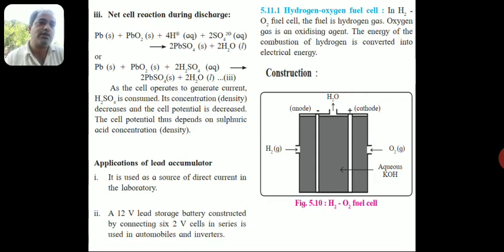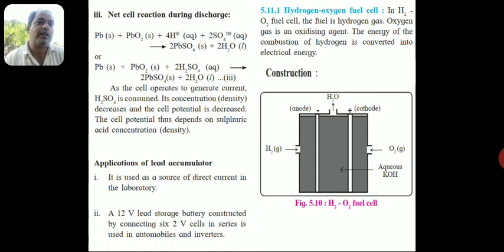So the construction, see in the diagram, it is from your book, figure 5.10, the H2-O2 fuel cell. See from left to right: the H2 inlet, shown by an arrow, means hydrogen gas is passed through that hole. Then in the vicinity is the anode, the negative electrode, shown by a white line.